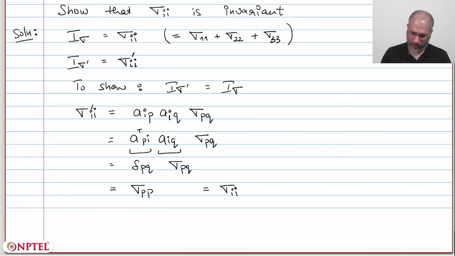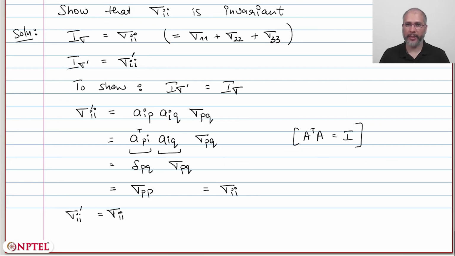So what we have shown is that sigma prime II is sigma II, and again we did not assume any particular form for sigma. Sigma was arbitrary, and so was the orthogonal transformation, that is the matrix A. So we just use the property that A transpose A is identity, which is a property of an orthogonal matrix.